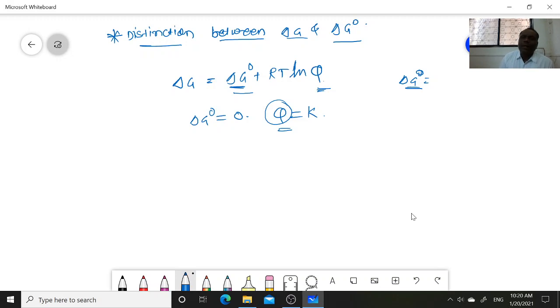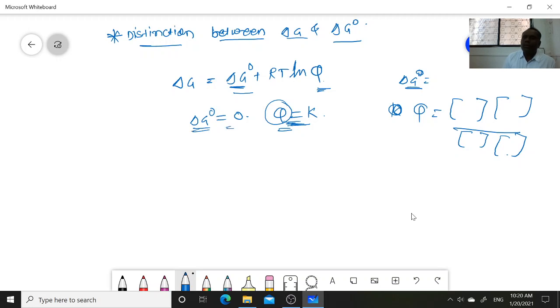It is the concentration of the product divided by the concentration of the reactant. When Q is equal to K, delta G0 is equal to 0. Perfect equilibrium. In that case, K is equal to 1.